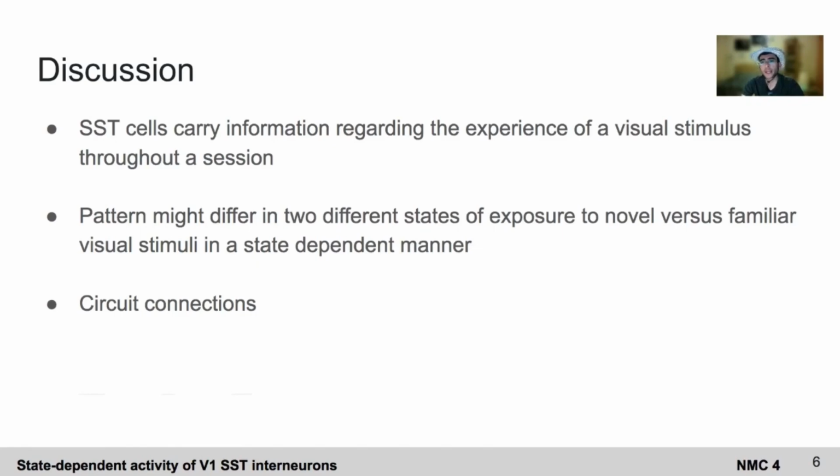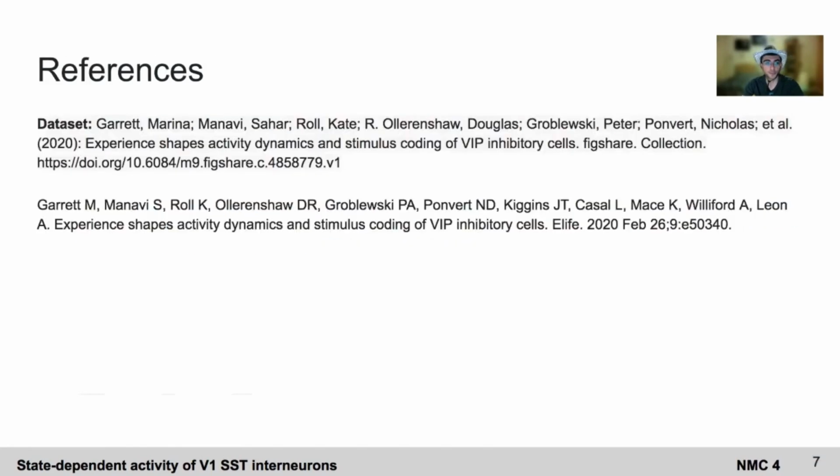We might speculate why this is the case and why we see a novelty and familiarity pattern in the V1 of the cortex. It might be because of some circuit connections from the lower order regions and connections from the hippocampus, for example, or the thalamus. Further studies will be needed for this.